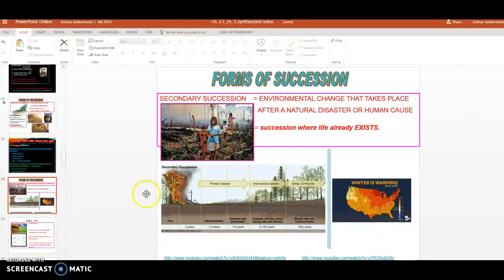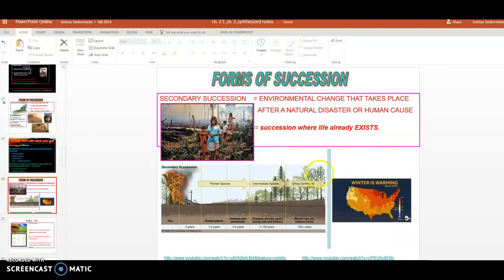Let's look at some examples. In our picture on the slide, we have a fire that occurs in an area, and you can see slowly over time, over years, it says 1 to 2 years, 3 to 4, 5, and 150, eventually the forest is expected to regrow. So the populations of certain species increase over time, over 150 years, to a forest once again.